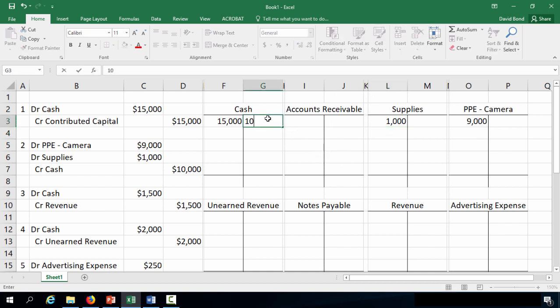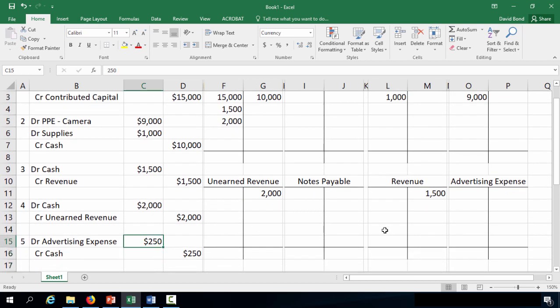Cash credit 10,000. Cash is debited 1,500. Credit revenue 1,500. Debit cash 2,000. Credit unearned revenue 2,000. Advertising expense 250, which is over here. Credit cash 250.